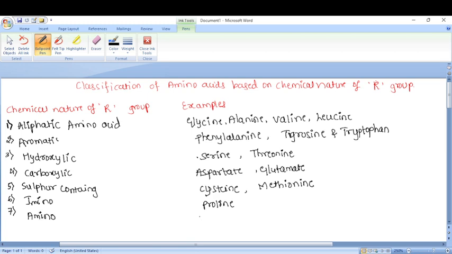Example, lysine and arginine. And lastly, amide group containing. Example, asparagine. This is about the chemical nature of R group and the examples of that type of amino acids.